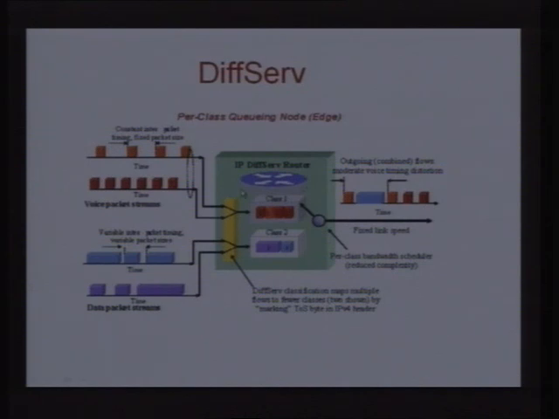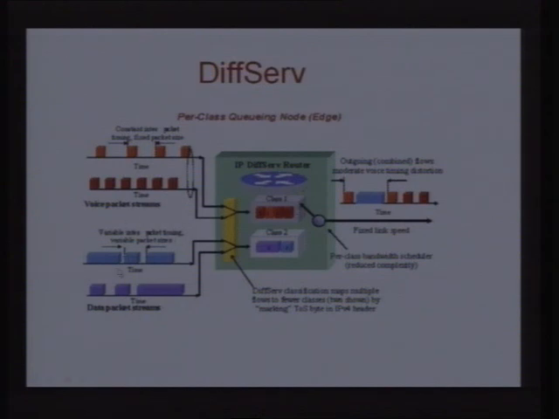The IP Diffserv router will first classify these packets, mark these packets, and then give them a treatment, put them in a queue. This means similar types of packets will get the same treatment from the router. You can see that these voice packets are put in the queue for class 1 and they are being given a specific treatment.